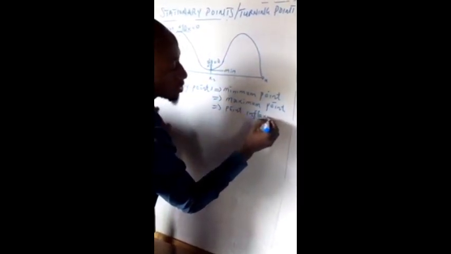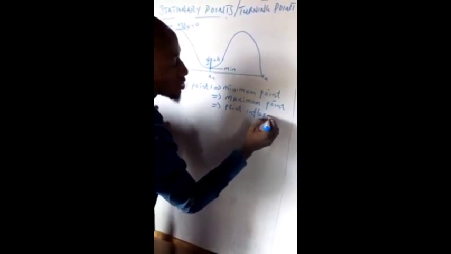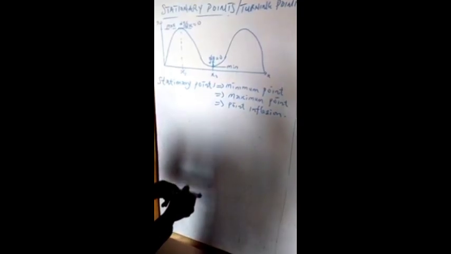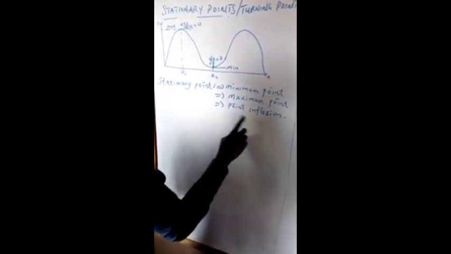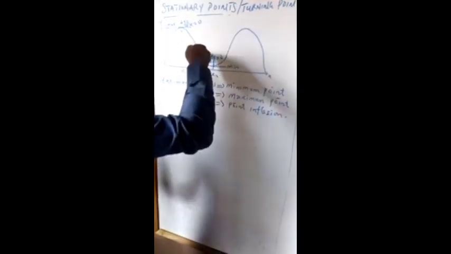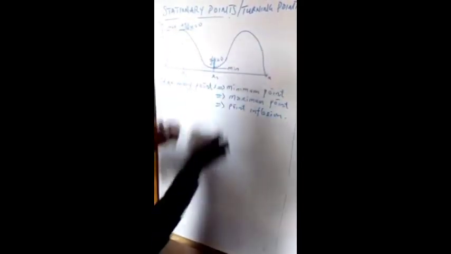A point of inflection is a point where it is neither minimum nor maximum. It is a point that actually lies in between the minimum and maximum.